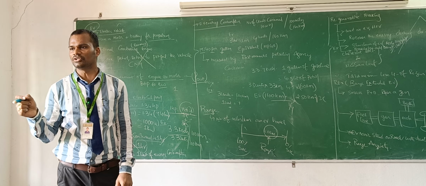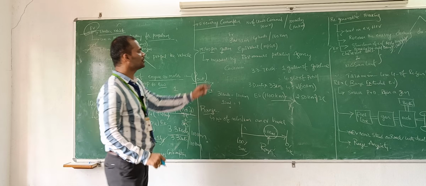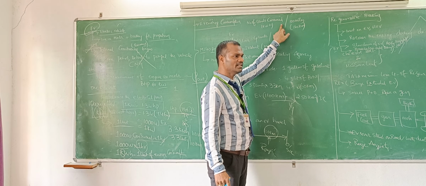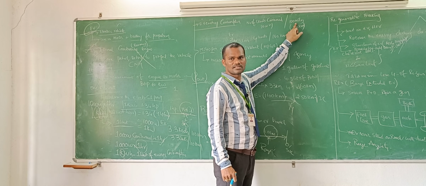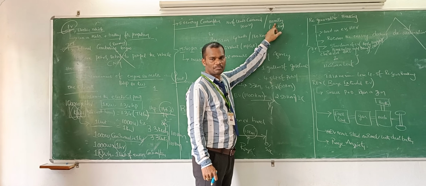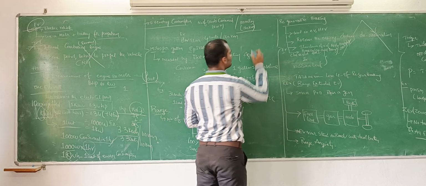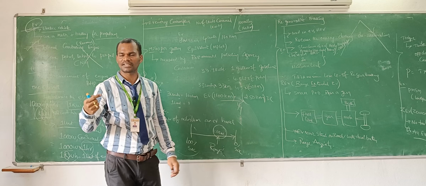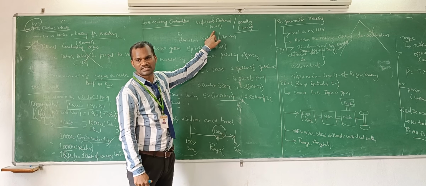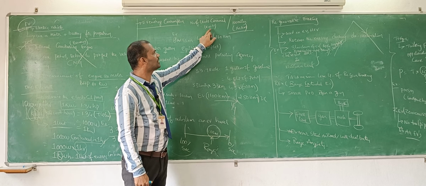Therefore 1 mile is equal to 1.6 kilometers. So here they'll ask you the number of units of electricity consumed to run how many miles? 100 miles. So what is the meaning of 100 miles? 100 into 1.6, which is nothing but 160 kilometers. To run an electric vehicle for 160 kilometers, how many units of electricity do you require? That is called 1 kilowatt hour.